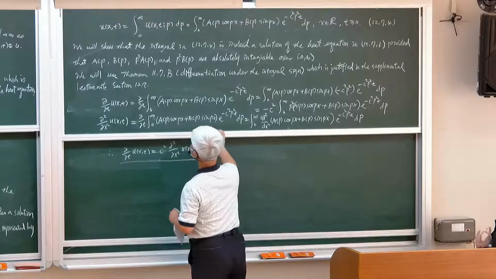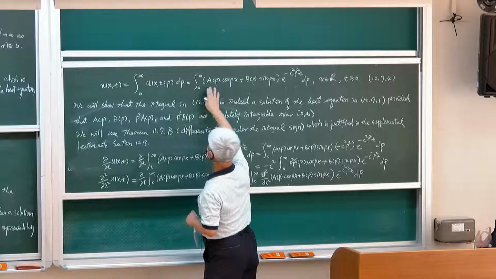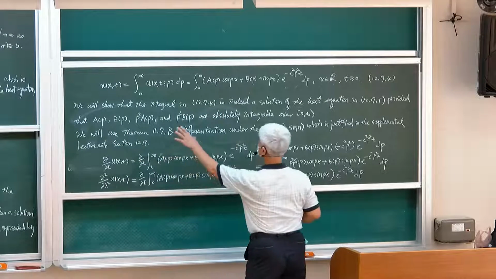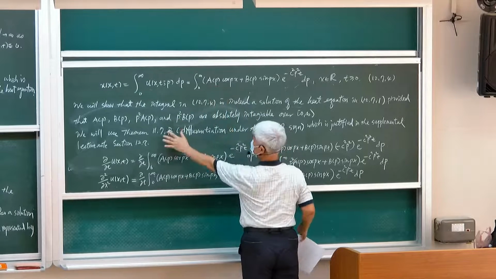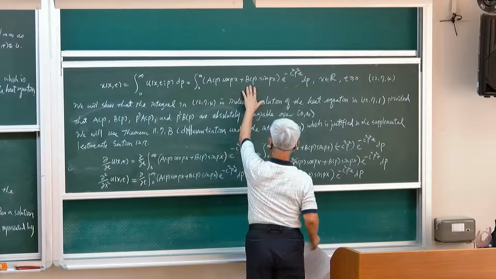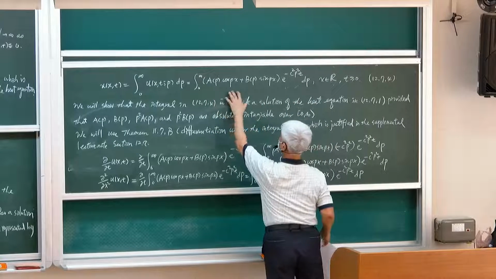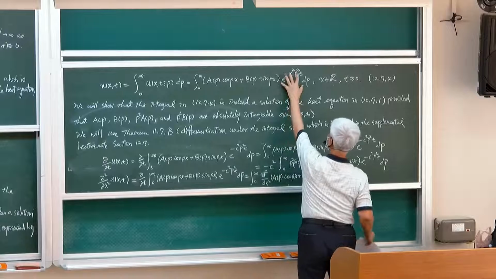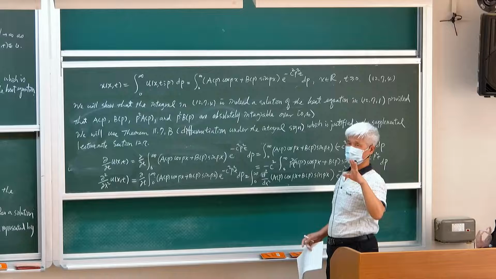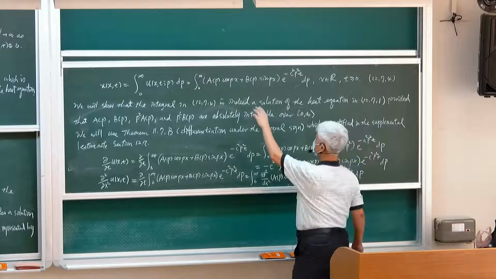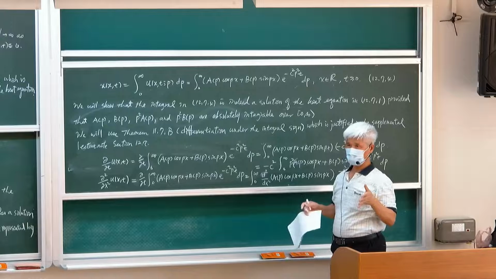If AP is absolutely integrable and BP is absolutely integrable, then this integral exists, because the exponential function has value upper bounded by 1, and the cosine and sine functions have magnitude upper bounded by 1.